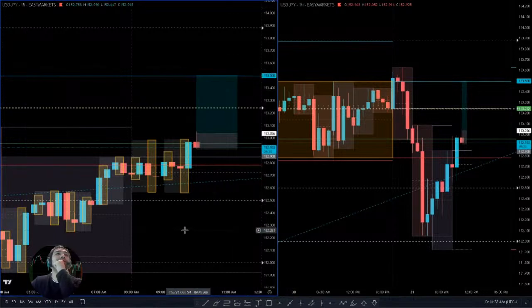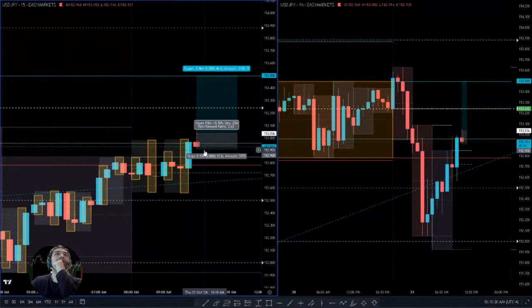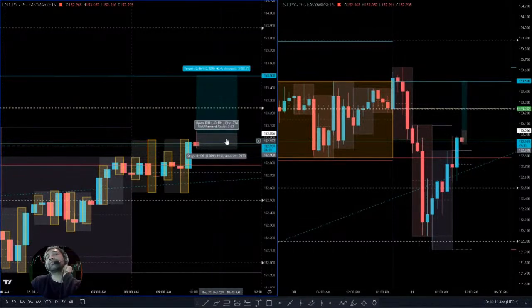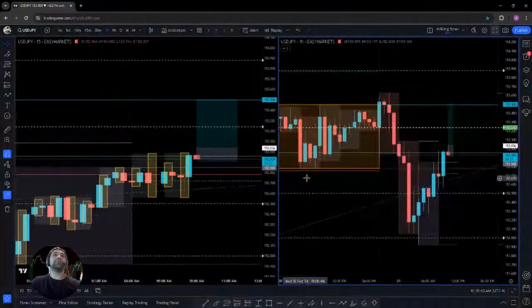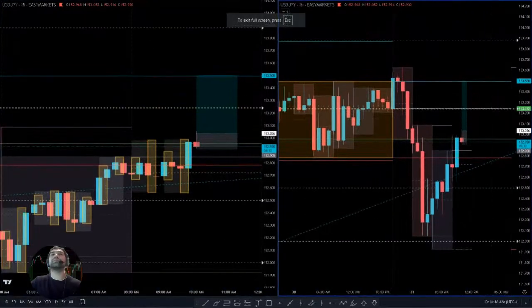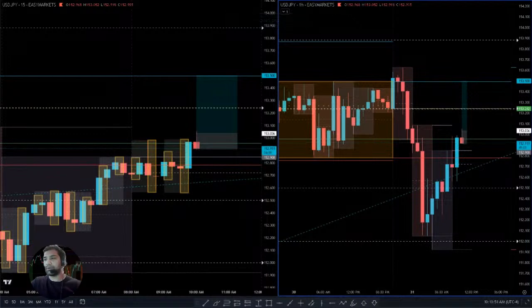So this wasn't a good trade, guys. This literally wasn't a good trade. Anyway, we have to be accountable for what we have taken.